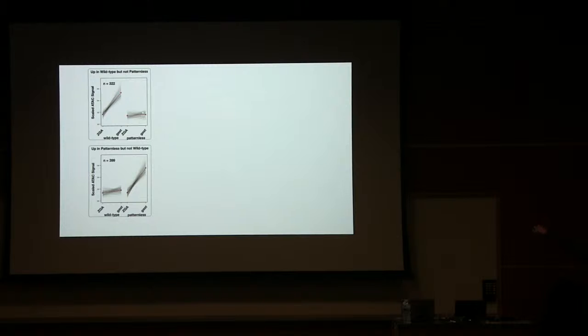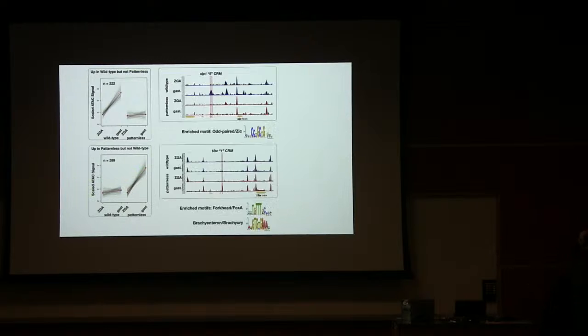If I plot the scaled change in accessibility over time by genotype, here's one class where they gain accessibility in wild type but not in the mutant, and then its conceptual opposite, where it gains accessibility in the mutant more so than in wild type. Here's an example of what this data looks like.